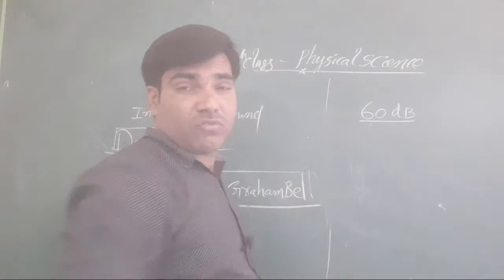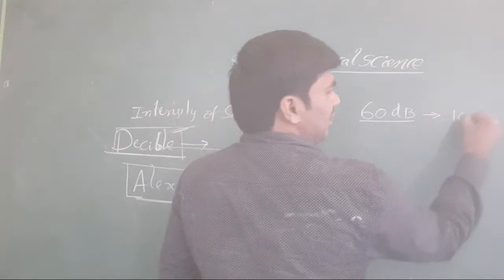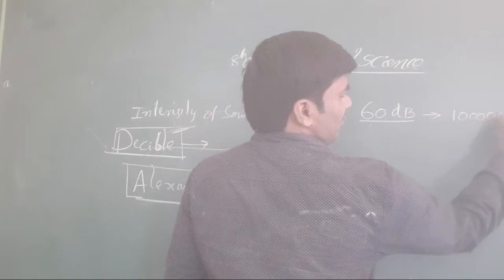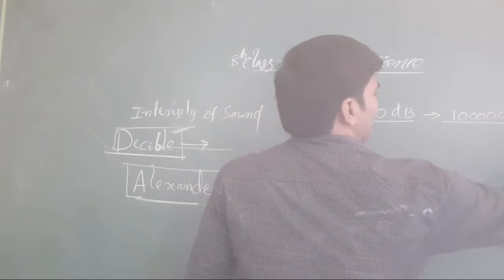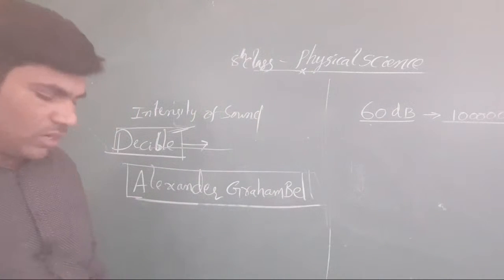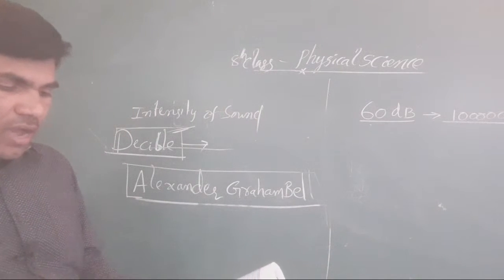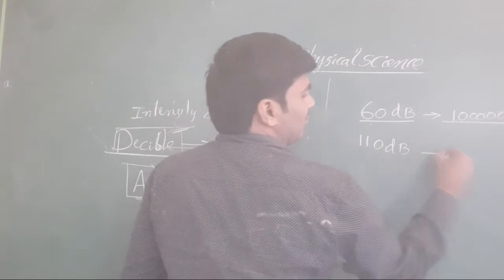Clear or not, all the students? 60 decibels is nothing but 100 times, it will be times, the normal sound. Now the car horn sound, how much is it? 110 decibels.